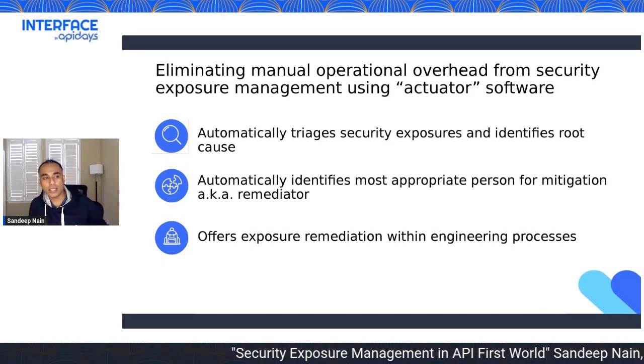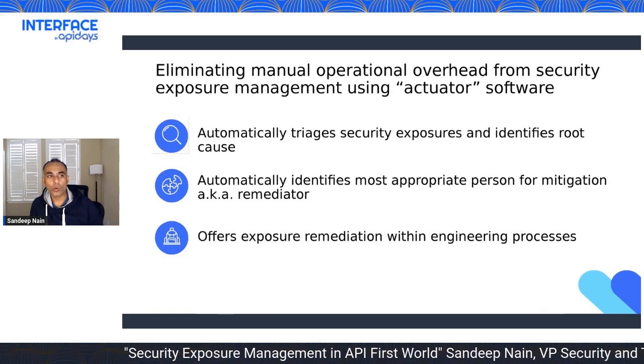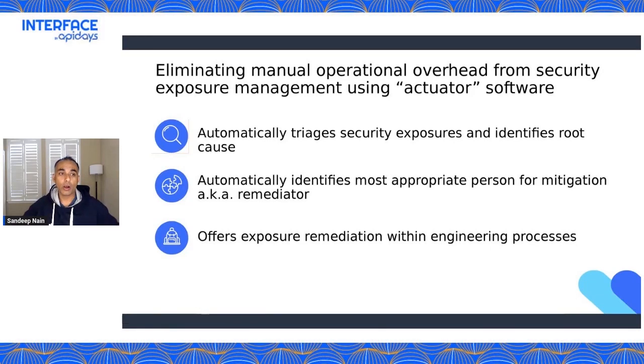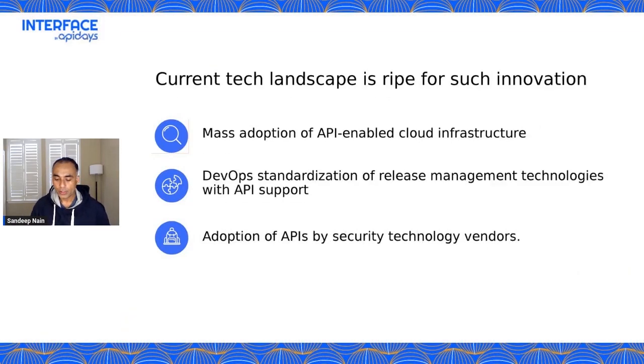So if this is the need, let's look at how we have evolved as a software engineering industry. These days, the current tech stack or tech landscape is ripe for this kind of innovation, in my opinion. Why? Because of the APIs. Now we have mass adoption of API-enabled cloud infrastructure.